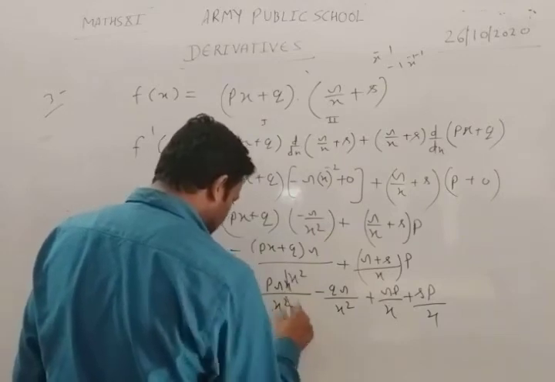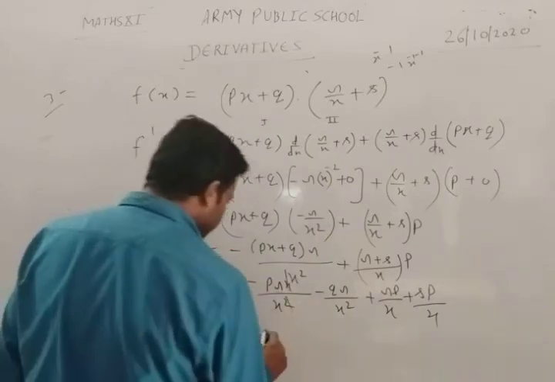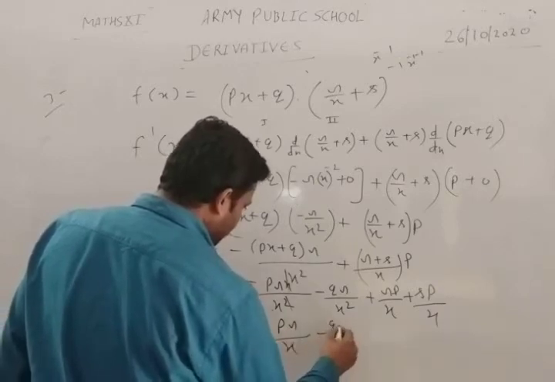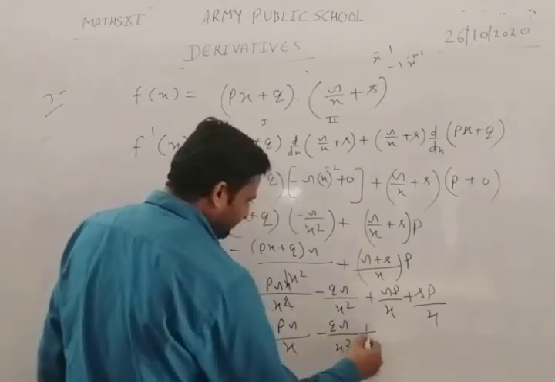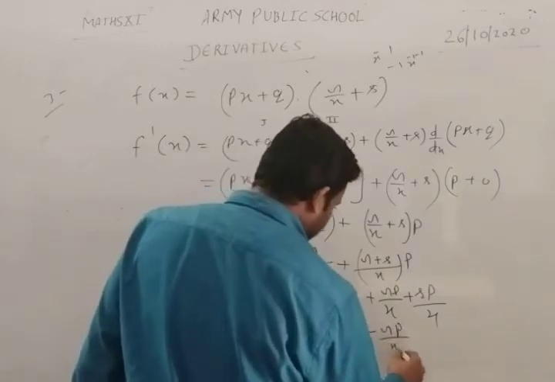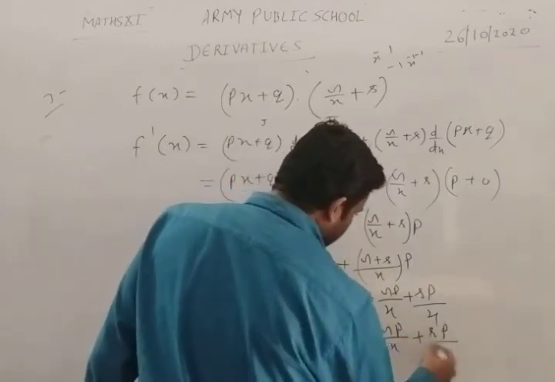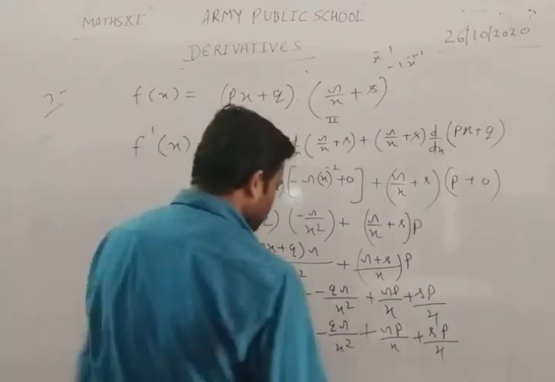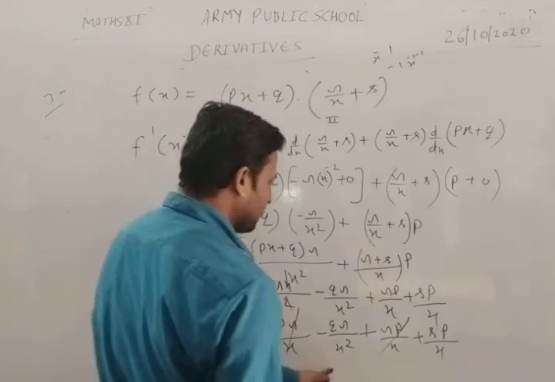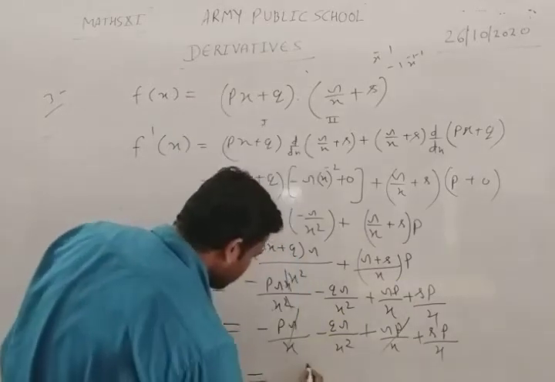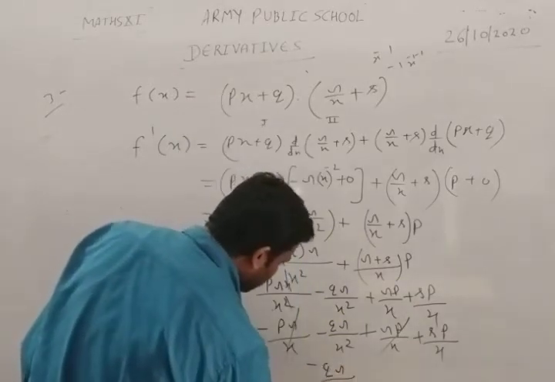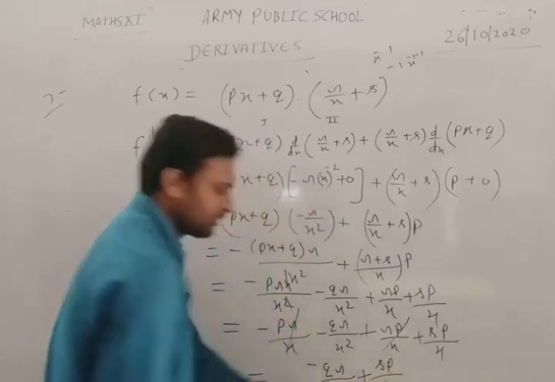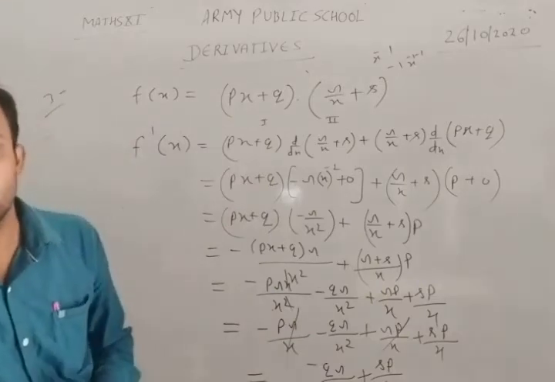Now this x and x cancel, we get minus PR by x minus QR by x square plus RP by x plus SP by x. Now here we are seeing minus PR by x, here plus RP by x, so it will be cancelled. So our answer will be minus QR by x square plus SP by x. So it will be our required answer.